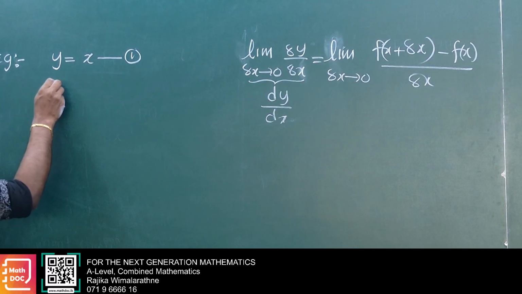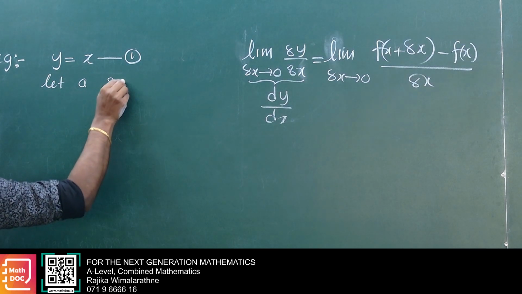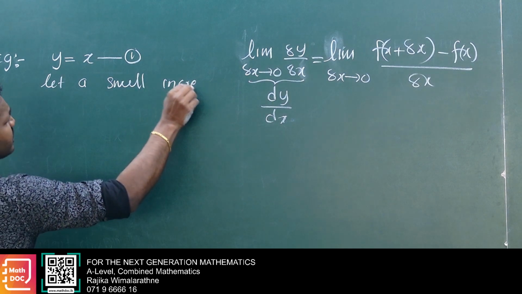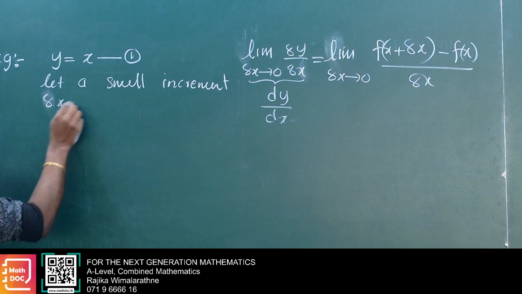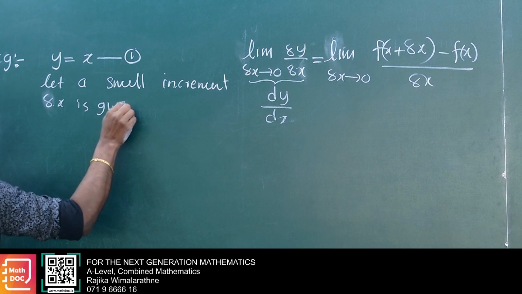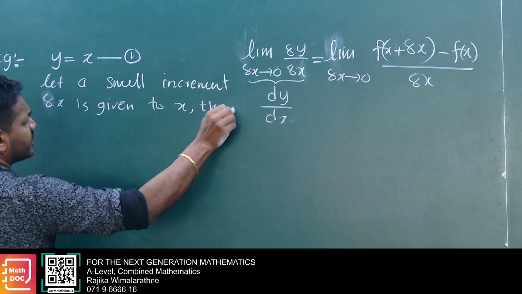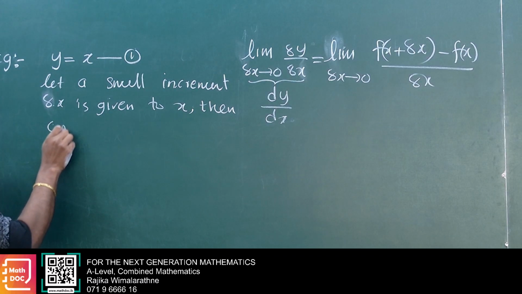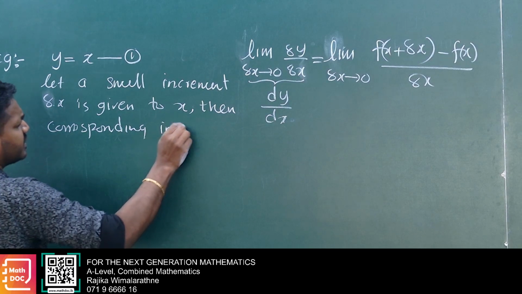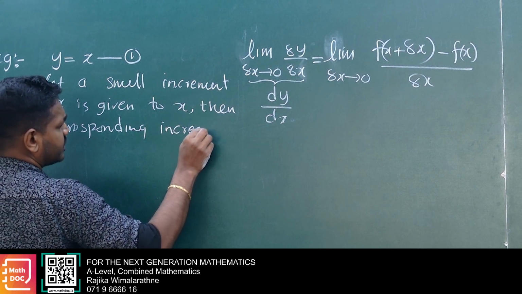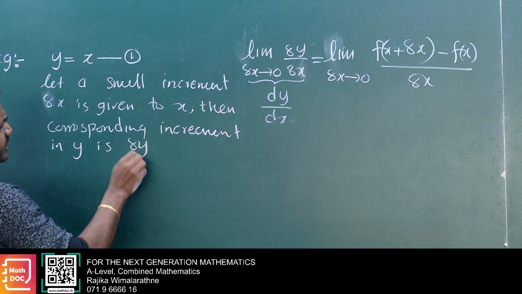Now let's do it this way. Let a small increment delta x be given to x. Then the corresponding increment in y is delta y.